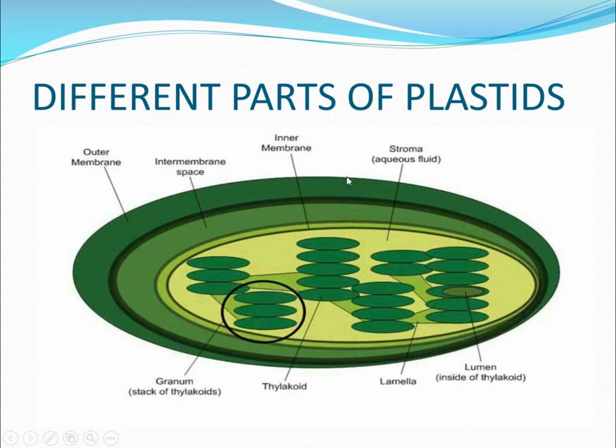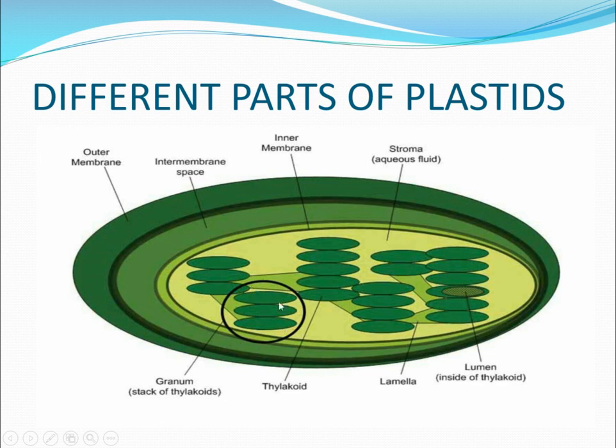So this is the detailed structure of the plastids. This is the outer membrane, this is the intermembrane space, this is the inner membrane, and this is the stroma, the aqueous fluid. This is the granum, this is the thylakoid, and this is the lamella and lumen. These green-like structures are known as the granum.